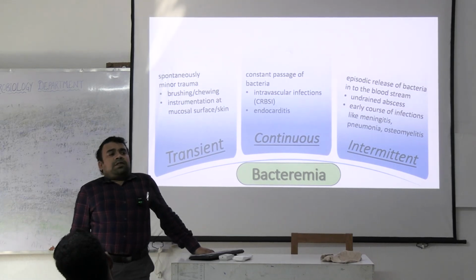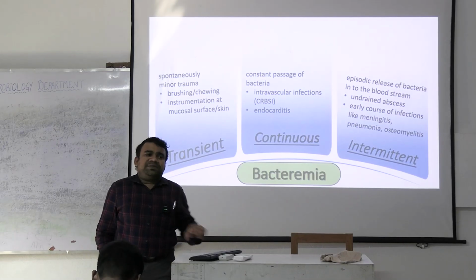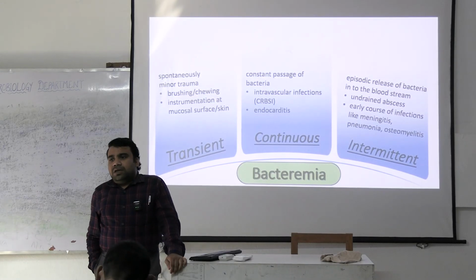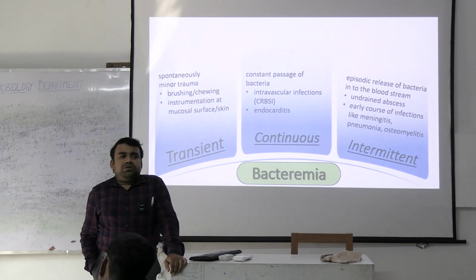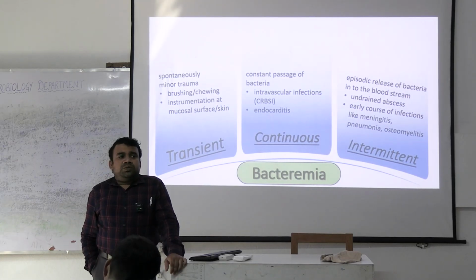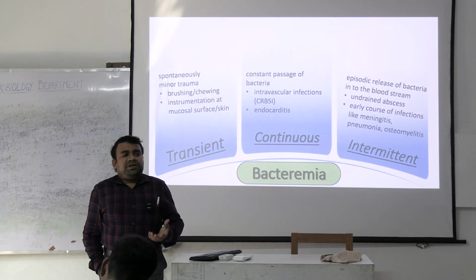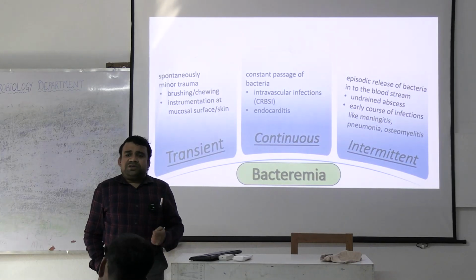And the last part is intermittent. Suppose there is a deep-seated abscess in the muscles. The organisms are present in the abscess, but these organisms are not spreading continuously into the bloodstream. Sometimes, when the number of bacteria increases, it spills into the bloodstream and it causes bacteremia.